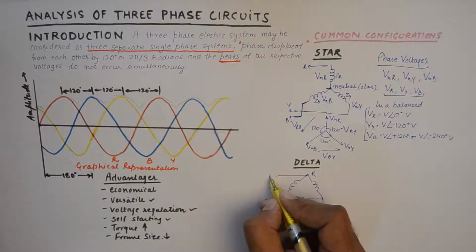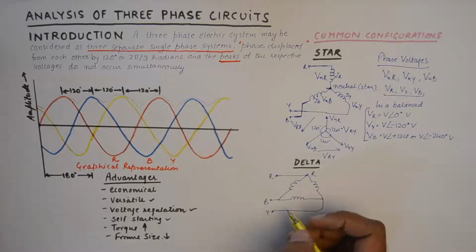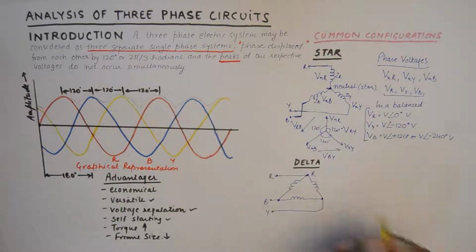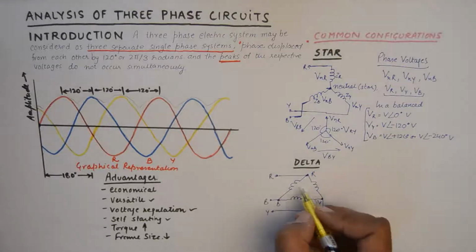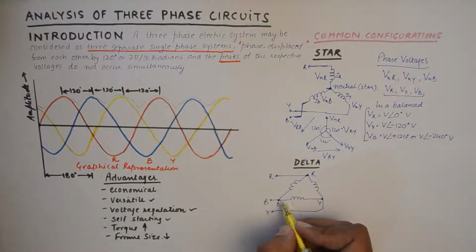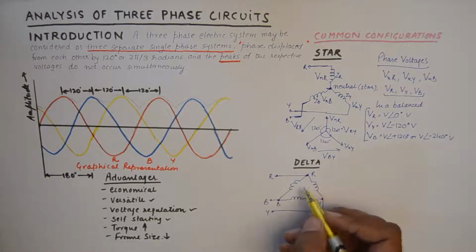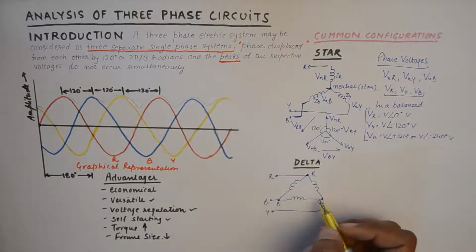Now please understand, these lines, red, blue and yellow, were being offered to the system, but they got to R, B and Y points, where basically it's the terminating point of two impedances connected together, and it is the node of two impedances connected here.